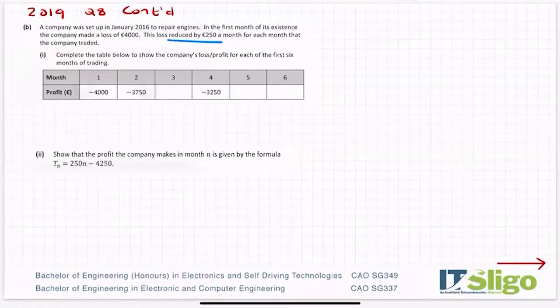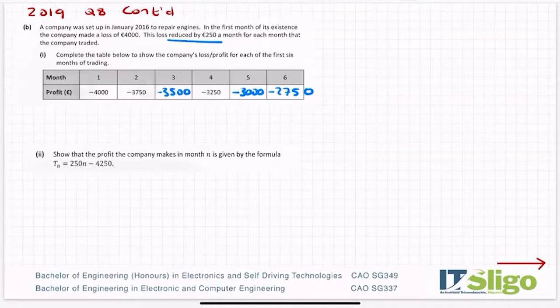You then add on another 250 because your loss is going down more. You add on another 250, you add on another 250 then, and then you add on another 250. Okay, so that was those first two parts.